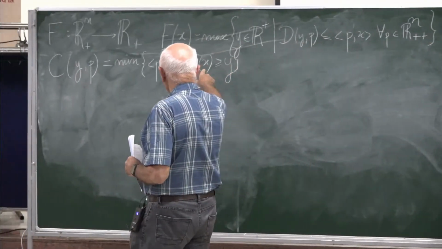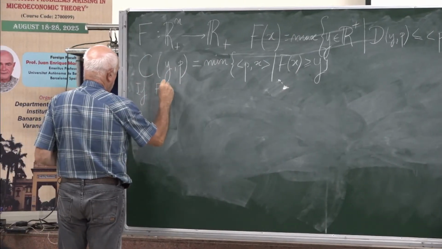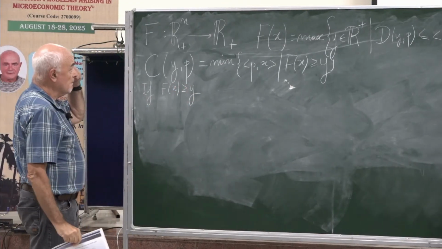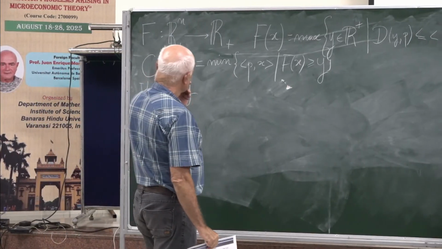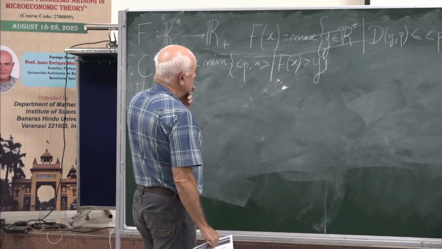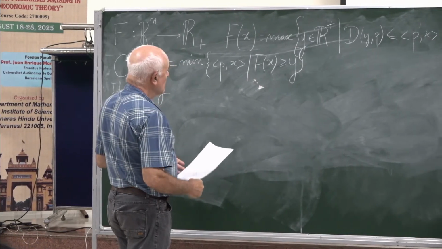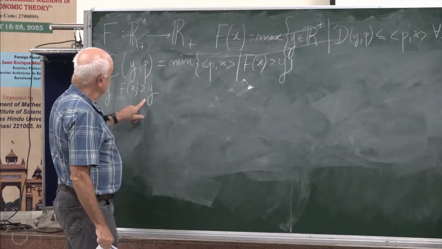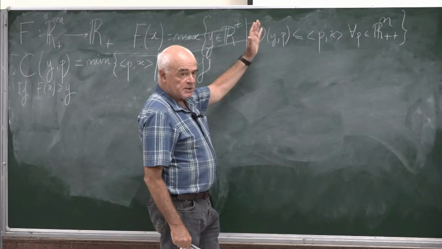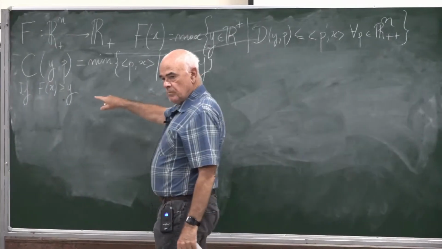Now, for every x satisfying this inequality, because y, f of x is the maximum y satisfying this condition. And this y is smaller than the maximum.